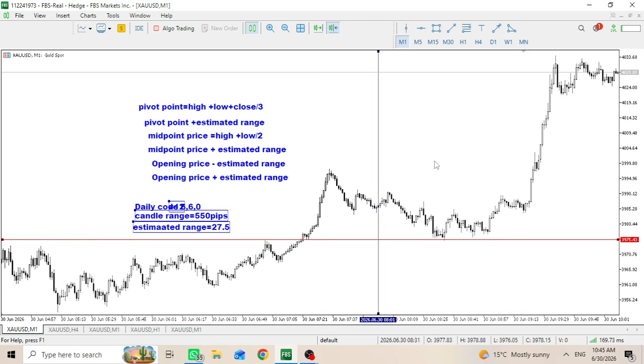But if the candle is bearish and it closes below the midpoint of that candle, don't use the midpoint. Use the opening price and the estimated range. You subtract. Are we in agreement?